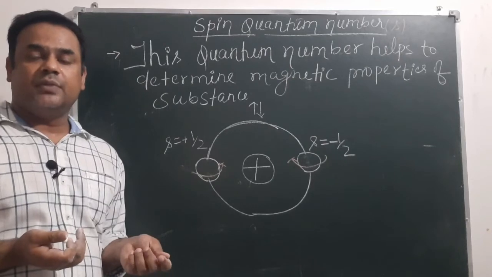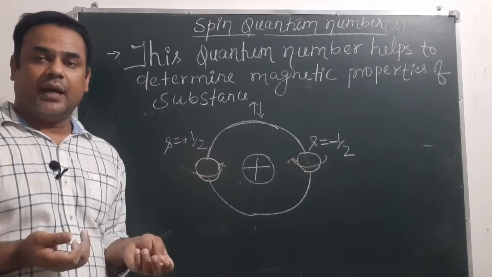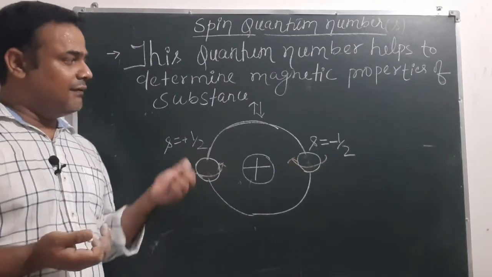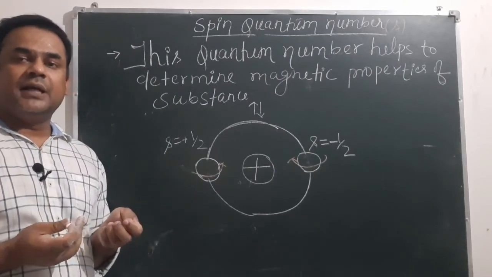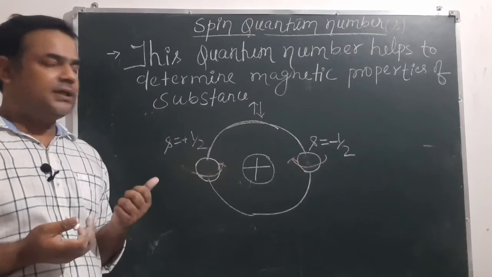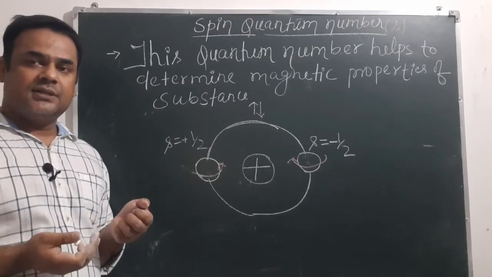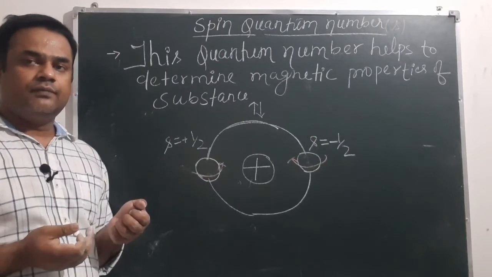Azimuthal quantum number tells us about the shape and angular momentum of the electron. With the azimuthal quantum number we can determine the number of subcells, shape of subcells, and angular momentum of orbitals.